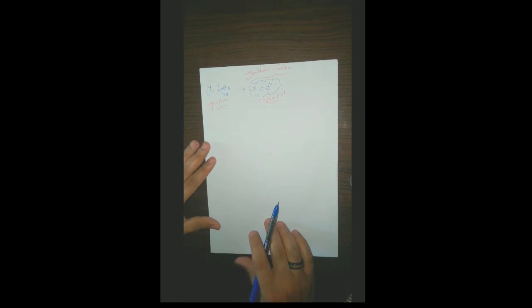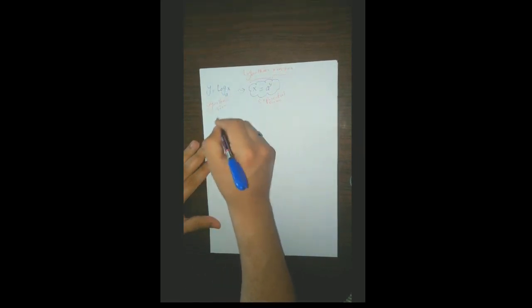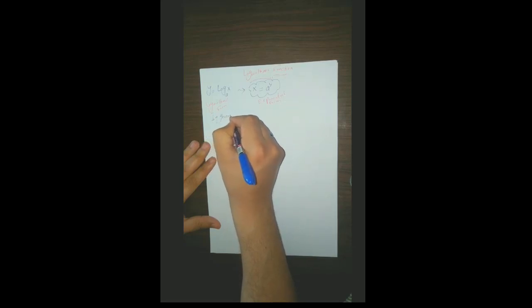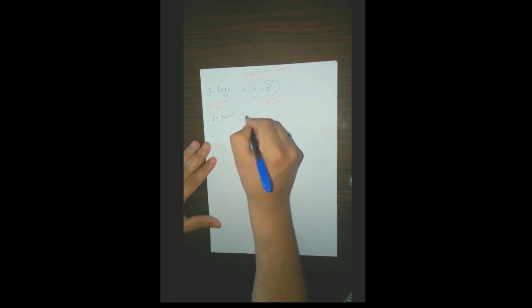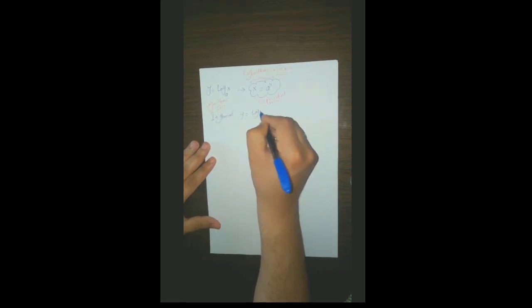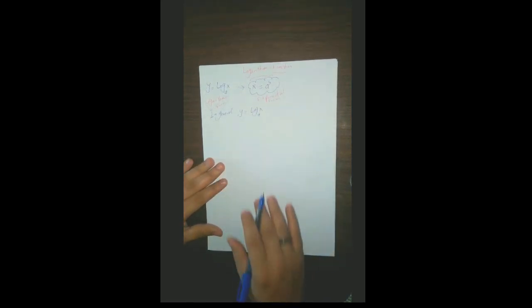From our definition, you will find that x must be greater than 0. In general, we have y equals log x to the base a, and three conditions must be satisfied to say that this function is a logarithmic function.